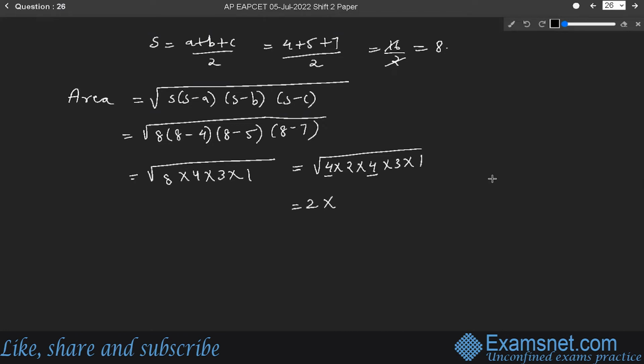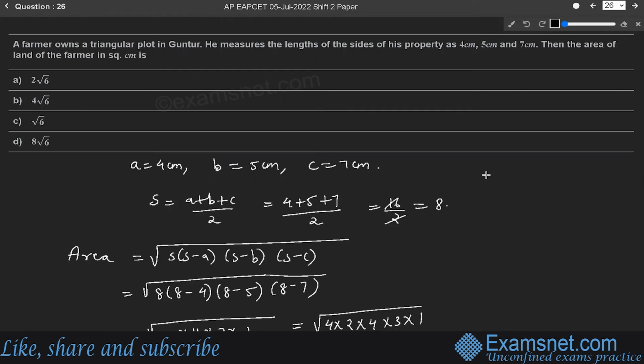Again, one more 4 comes out, it becomes 2. Under root of 2 into 3 into 1. So it becomes 4 under root of 2 into 3 is 6. Therefore, we can say that the required area for this triangle is 4 root 6. So option number B is the correct option, which is 4 into under root of 6. I hope this question is clear to you. In this question, we only have to use the Heron's formula here.